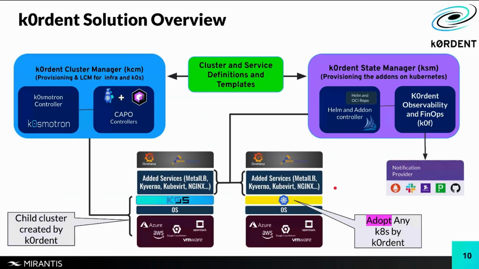So this is just another view to give you more information. Basically, you as a technical lead just need to define a few templates, meaning that you define basically two kinds of templates. You define the cluster template, and then you define the service template.